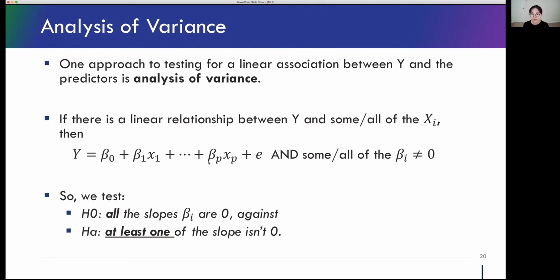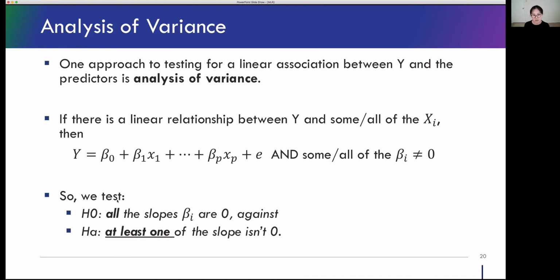So if Y is only linearly related with x1 up to x p minus 1, then all the slopes beta 1, beta 2, up to beta p minus 1 will have to equal 0, right? So we're testing for the linear association.